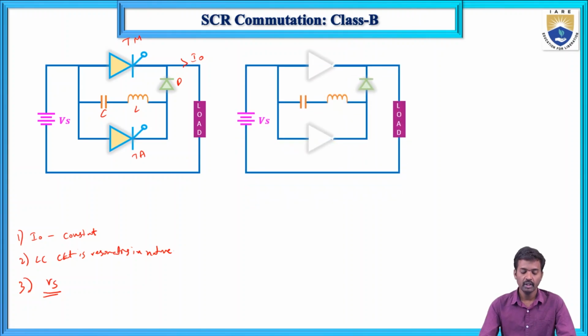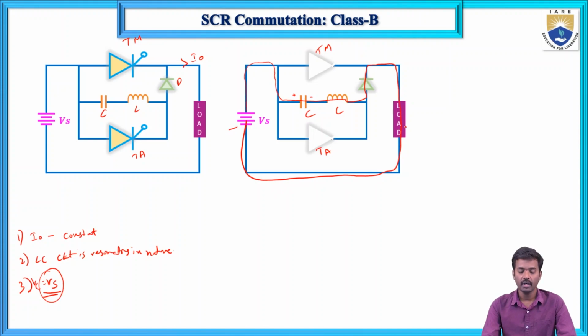Initially the capacitor voltage Vc equals Vs, that I am explaining. Initially Tm and Ta are off, and this is the load current. The current flows from this positive terminal to the capacitor, inductor and diode, then comes back to the negative, flowing through the load.